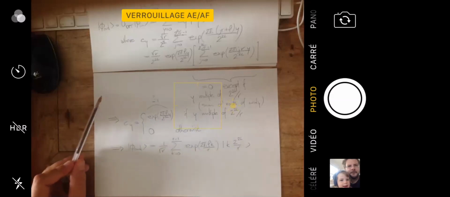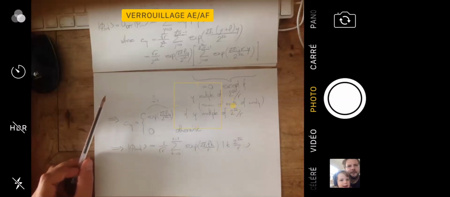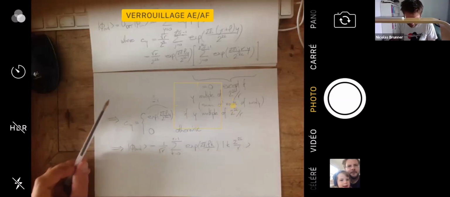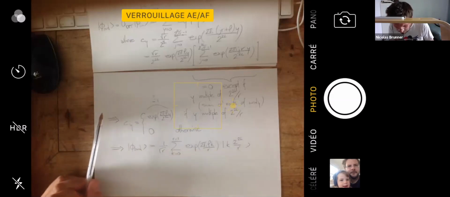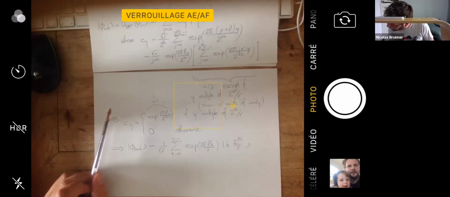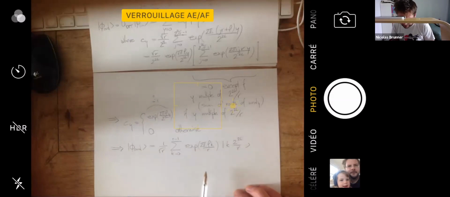The 2 pi and L should be an integer, so the exponential should be 1. Yes, I agree. All right, so I guess with this we are good.